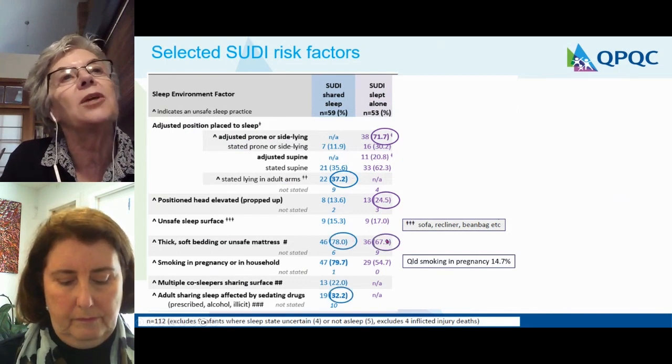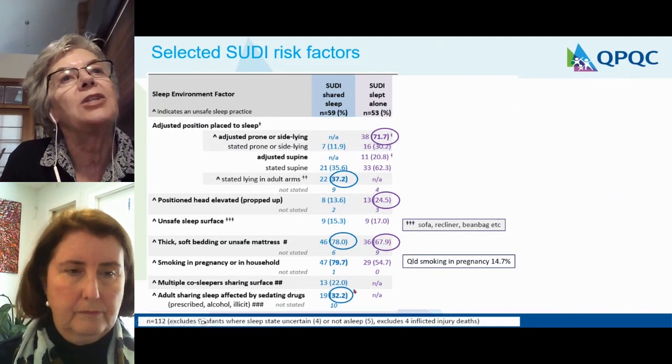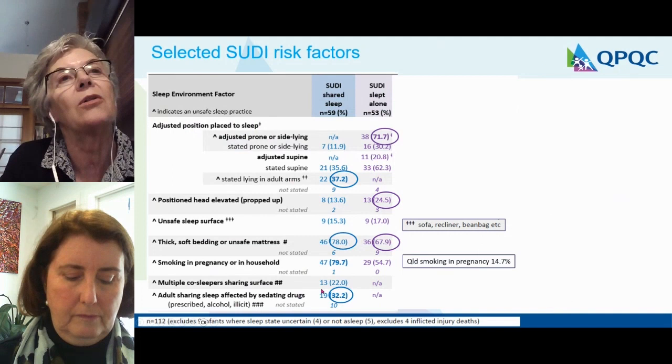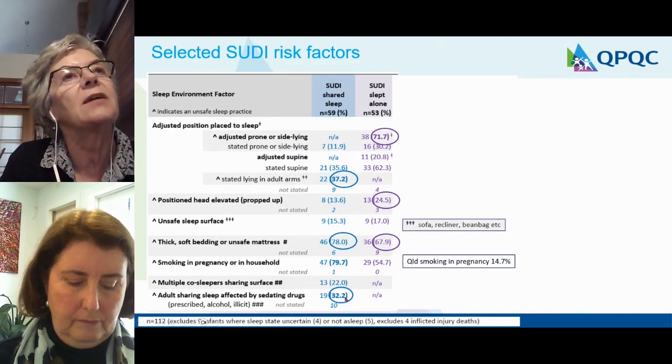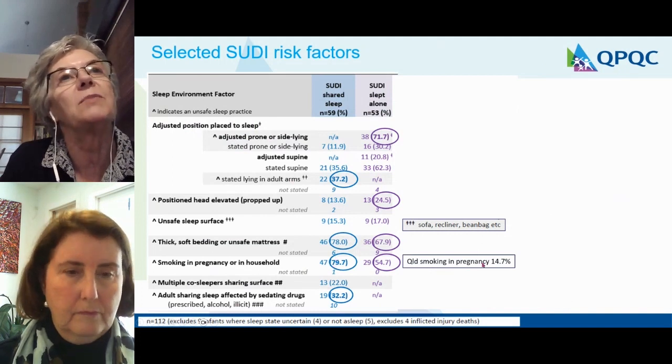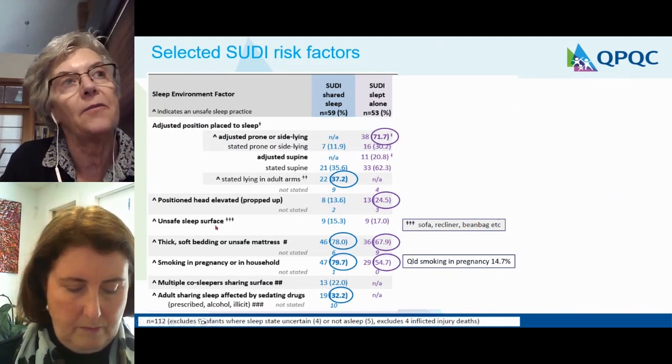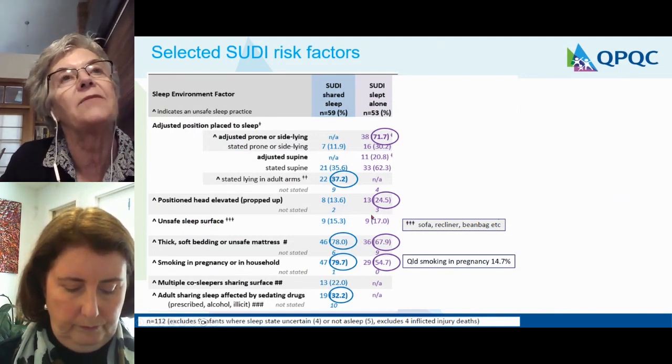Thick soft bedding was a huge risk, over 2/3 in both categories, and sharing sleeping with adults affected by prescribed or illicit drugs or alcohol was another risk factor. And then smoking in pregnancy was well above the Queensland average of only 15%. And there were infants who were found after sleeping on an unsafe sleep surface, a surface not intended for sleep, but they were in the minority.